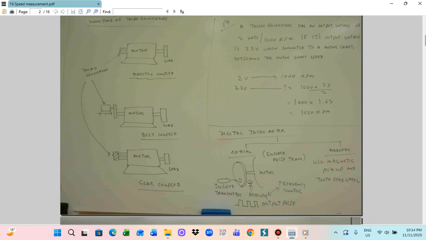And then here we utilize a sensor. Either you use a sensor with reflection, or the better thing is you use a hole here. So this is a transmitter, an infrared transmitter. And here we use the receiver.